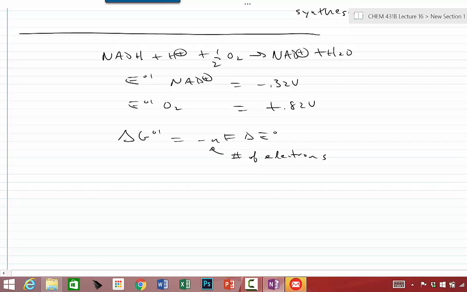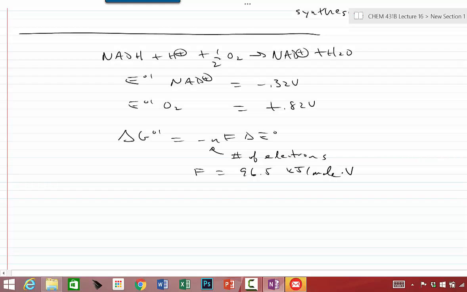And then F, as I mentioned, is the Faraday constant, which is 96.5 kilojoules per mole per volt. So that all goes in the denominator, mole times volt.